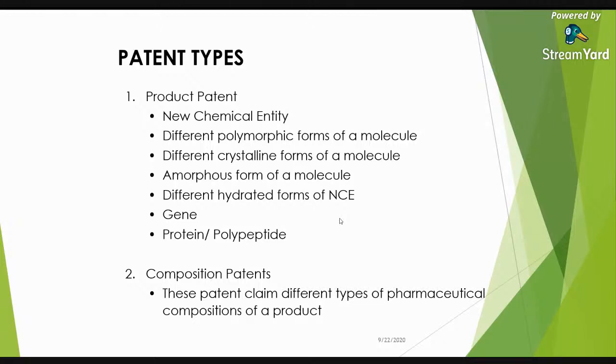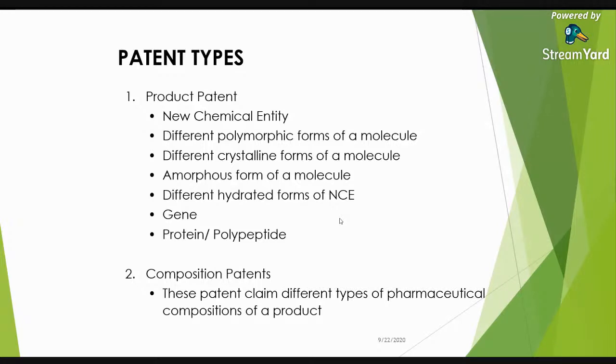As we all know, there are product patents, process patents, and use patents. So I've written here product patent and composition patent. Nonetheless, a composition patent is also a product patent, but I wanted to mention different pharmaceutical compositions.